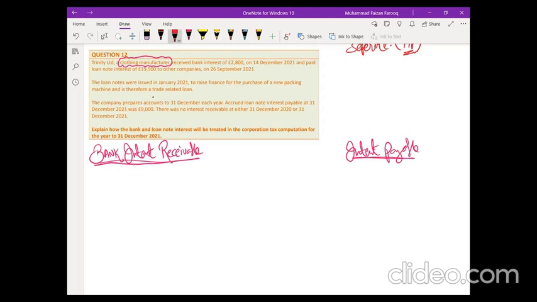First of all, tell me, he received the bank interest, right or wrong? Right. So is it the trading income or no?